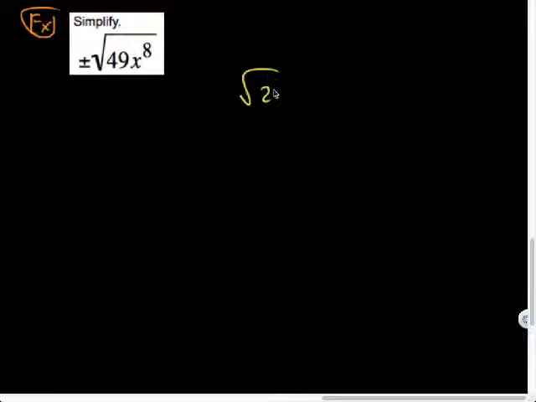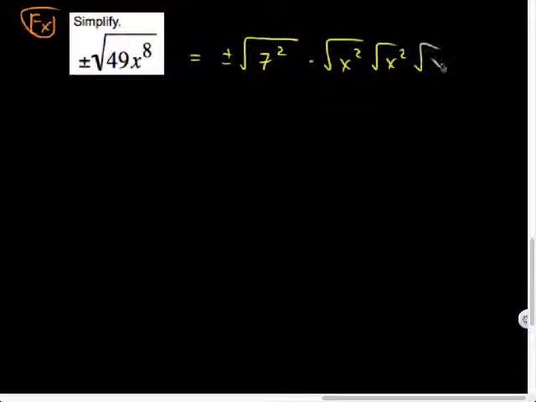Squaring and square rooting are inverse operations of one another. So I'm going to rewrite this as the plus or minus square root of 7 squared, times the square root of x to the 8th, which I could break up into x squared times x squared times x squared times x squared.